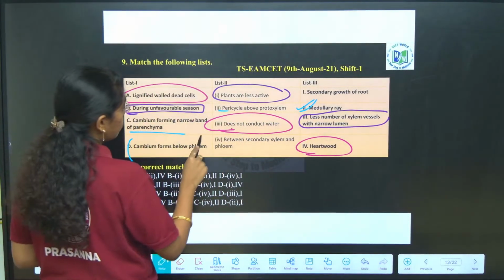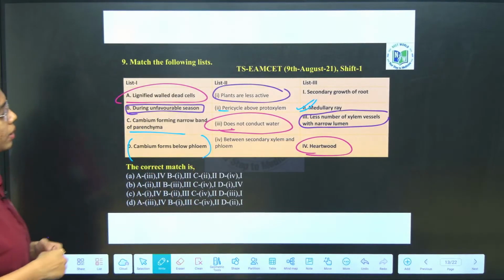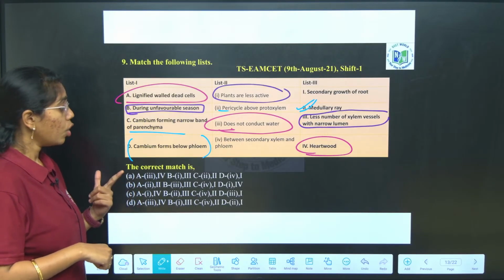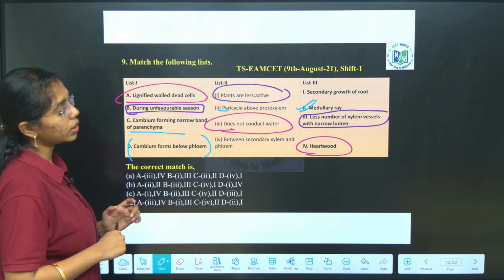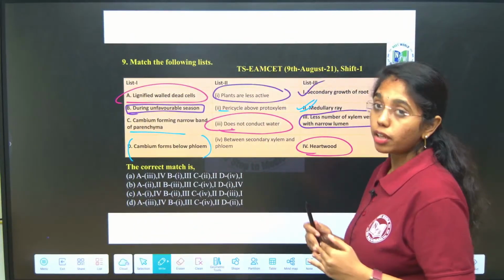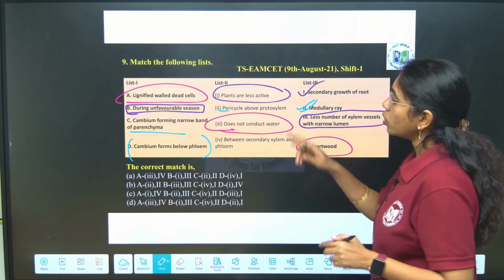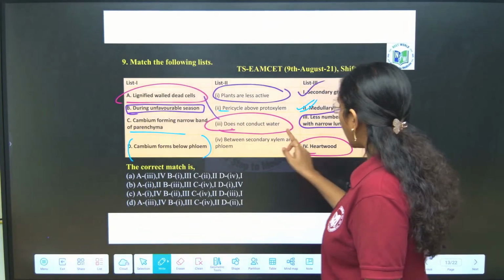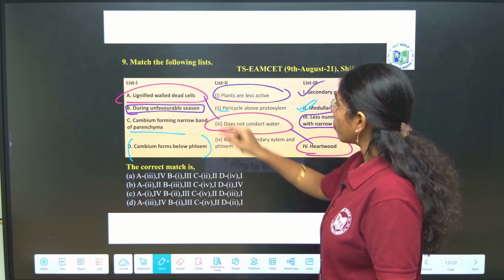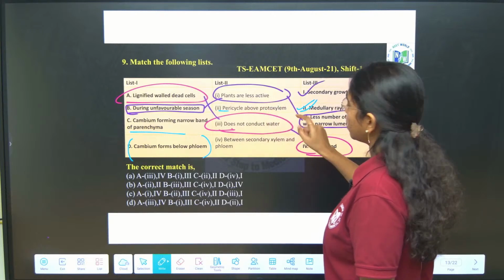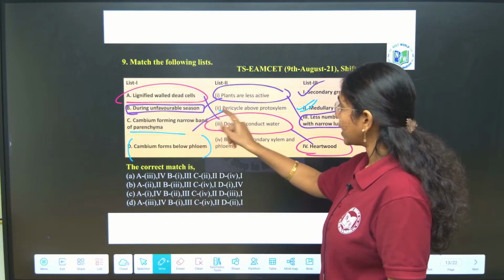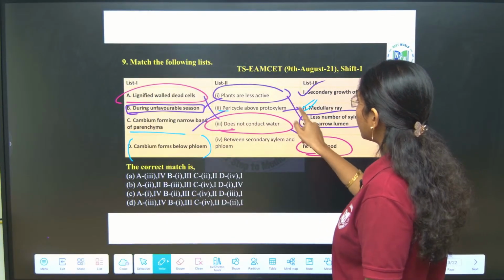Next, cambium forms below the phloem. Below the phloem, that is in between secondary xylem and secondary phloem region, right? So it is what? Secondary growth of the root. Fine. So here if you look into the options carefully about heartwood, these are the two connecting dots, and in the unfavorable season, plants will be less active, and that is about autumn wood. And cambium that forms narrow band, it is pericycle above the protoxylem and medullary rays.